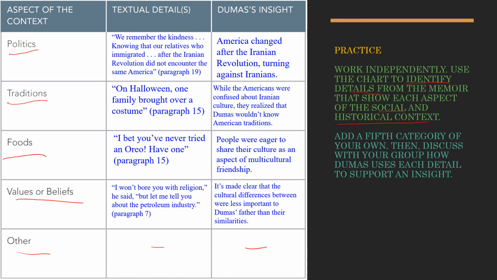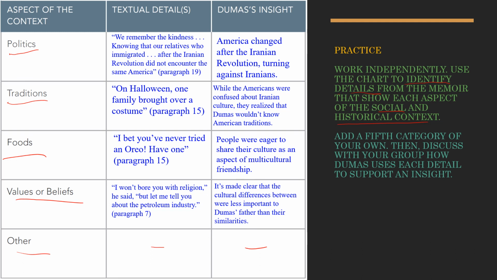So here it shows that the father, by this answer, because he said we have two things in common, that is religion, that is Islam, and petroleum, and he knows that the US has different religions. They have a lot of religions according to the people. So he wanted to focus on the similarities.